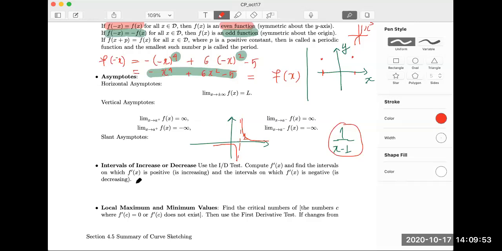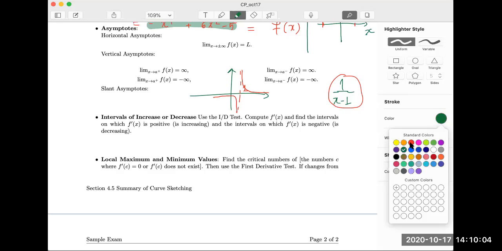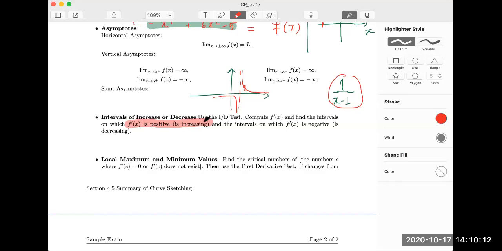Okay, the next is intervals of increase or decrease. How can we do that? Increasing and decreasing. The first derivative test will tell us about this. Okay, we can make a table as we normally do. f(x) prime.